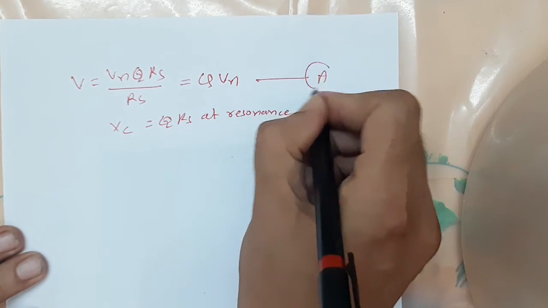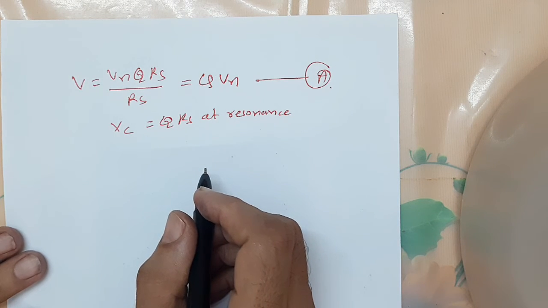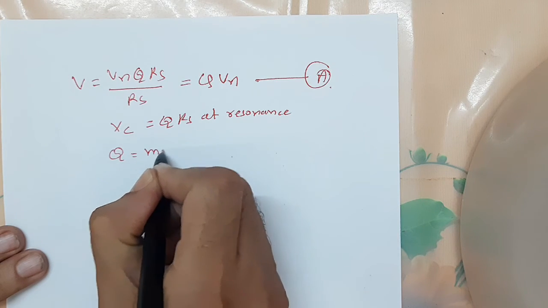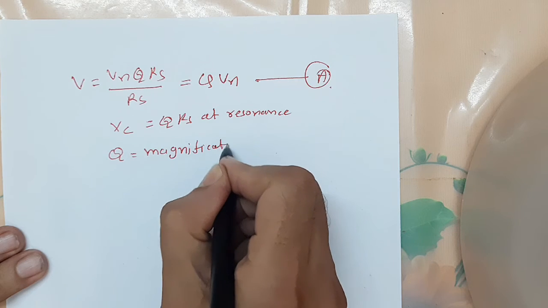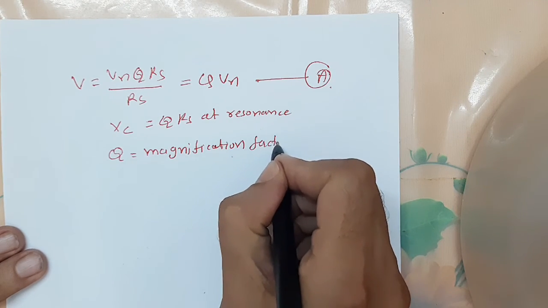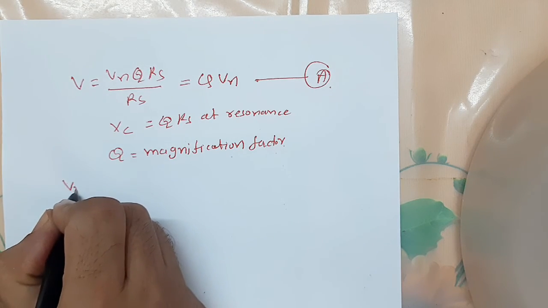This is our equation A. Equation A should serve as a further reminder that Q is called the magnification factor.